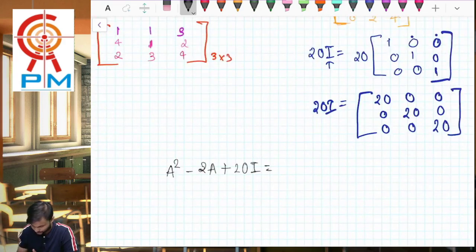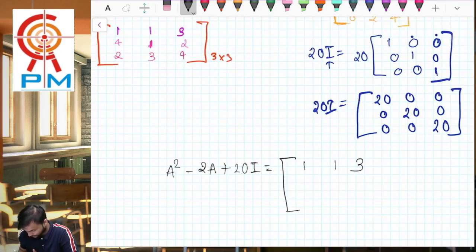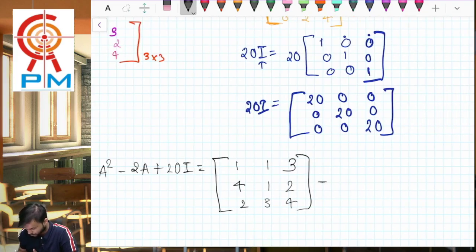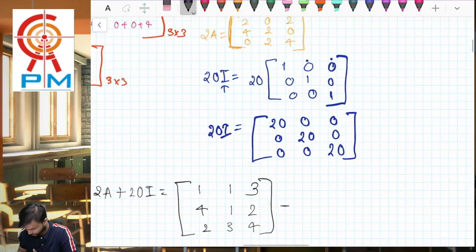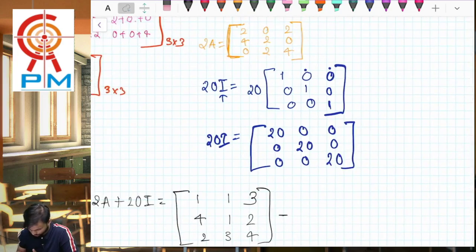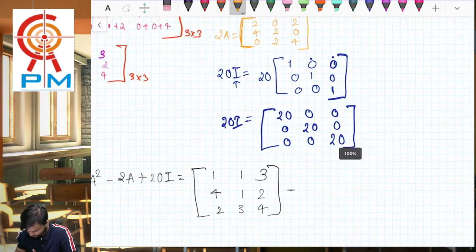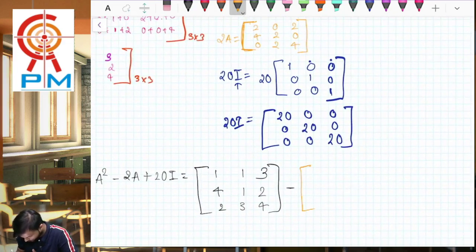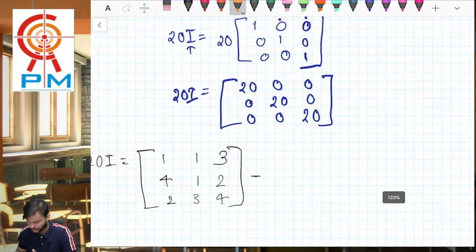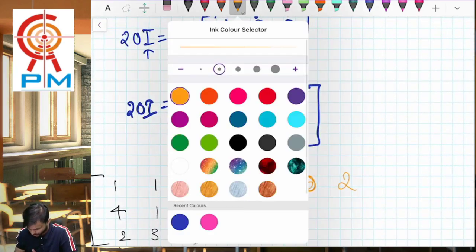So let us check whether it is equal to 0 or not. A square is what? 1 1 3 4 1 2 2 3 4, minus twice A is what? Let me write it down. Are you guys able to see this?